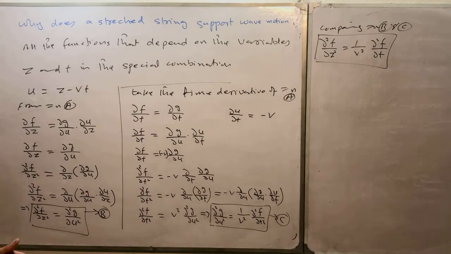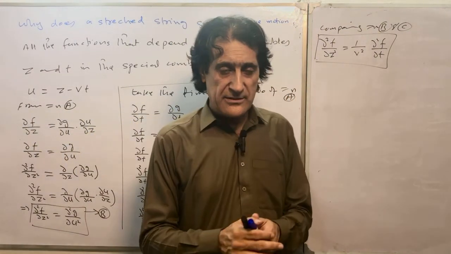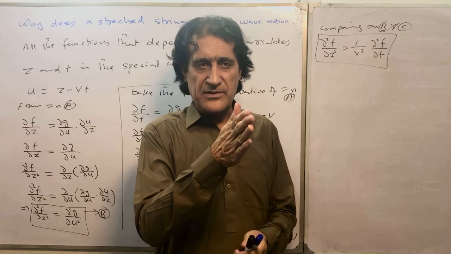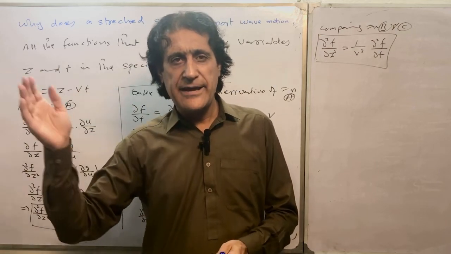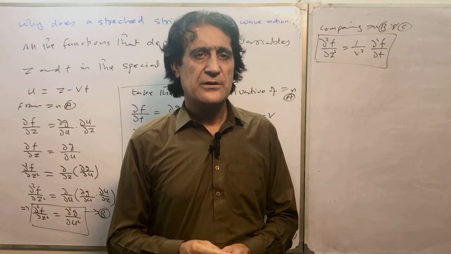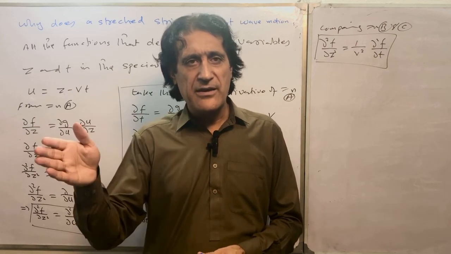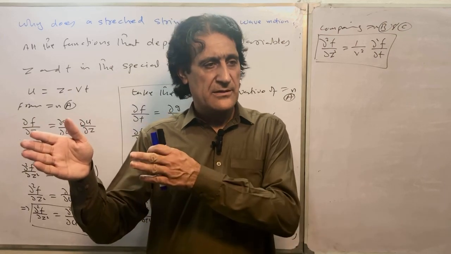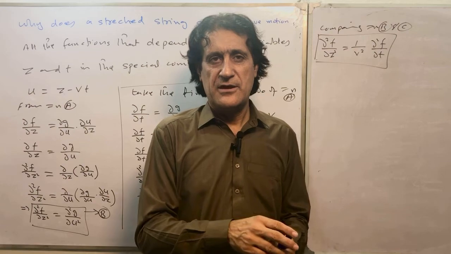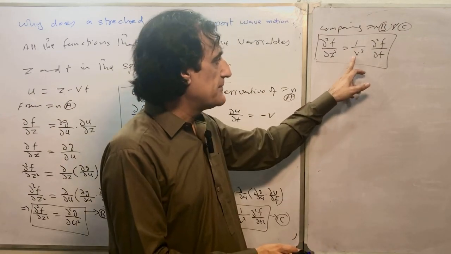And this equation holds whenever the wave is moving from left to right, and this is also true when the wave is moving from right to left, because there is a v square.